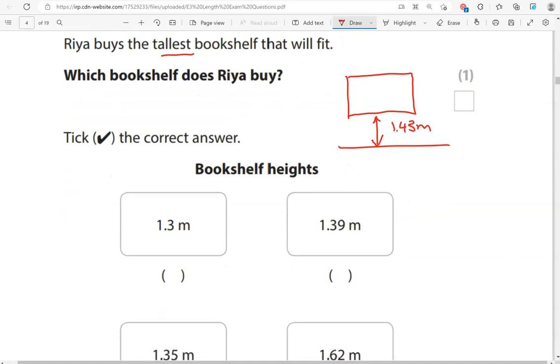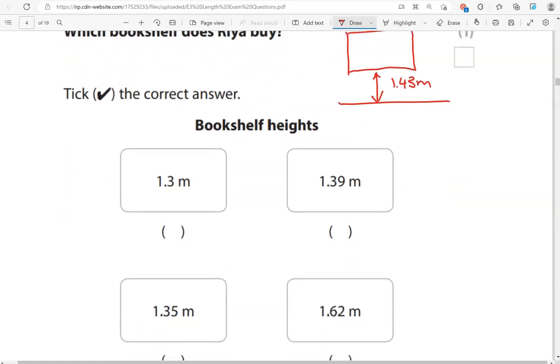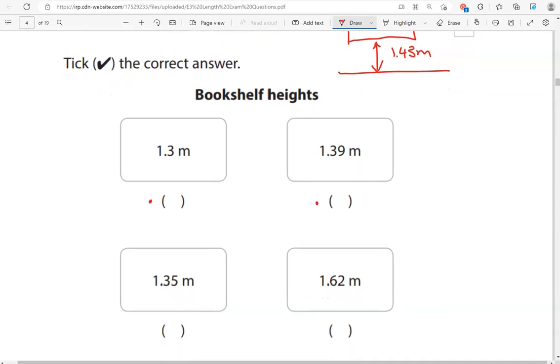Tick the correct answer. So we've got the first one is 1.3 meters, which is lower than 1.43 meters. So that's a possible answer. 1.39 meters. Again, that is below 1.43. So that's also a possible answer. 1.35 meters. That is under 1.43.